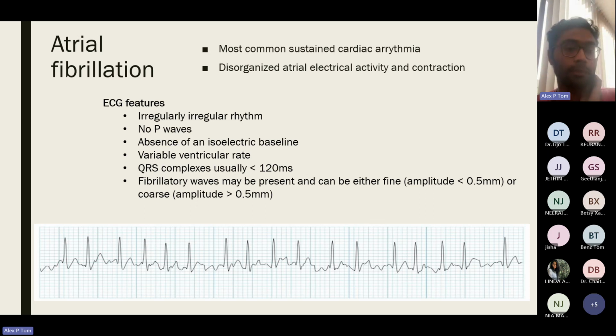So absent P waves, and absence of an isoelectric baseline, because of the fibrillatory waves. There will be a varying ventricular rate, and the rate would be somewhere just less than 120. These are the features that you would look for in an ECG, and when you see these features, you need to think of atrial fibrillation.